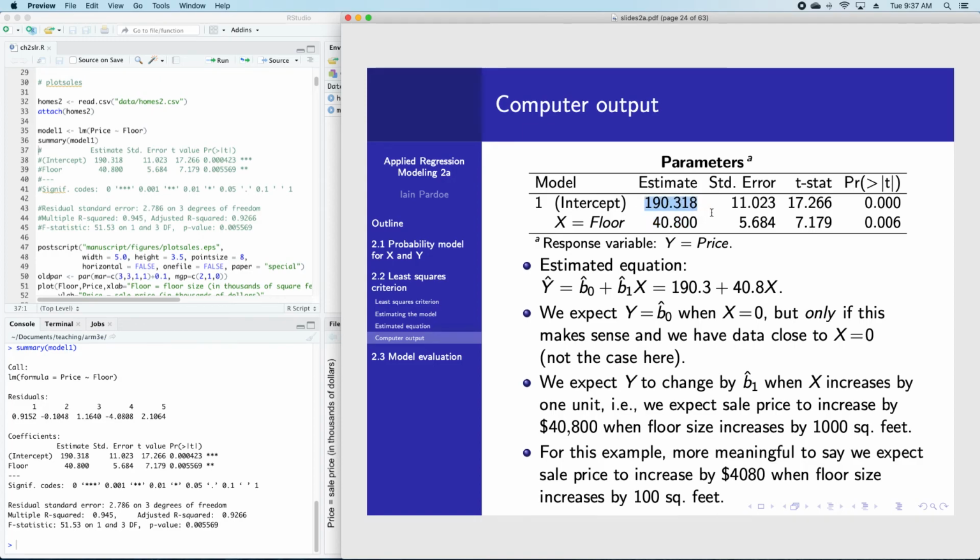If it makes sense to interpret the y-intercept, you can. If you can't, then you have to just say it's mathematically necessary for the model, but it doesn't have any practical meaning. If it did have practical meaning, it would be the expected value of y when x equals 0, and then the slope always has meaning, and it's the expected change in y when x increases by 1.